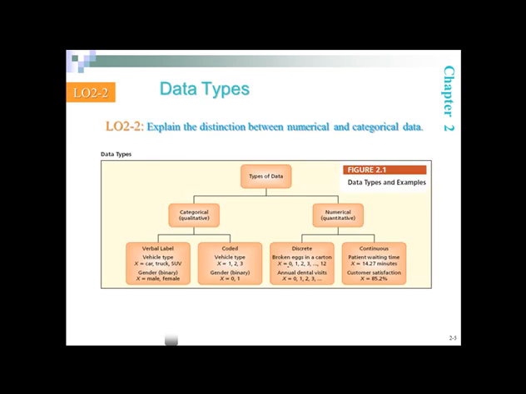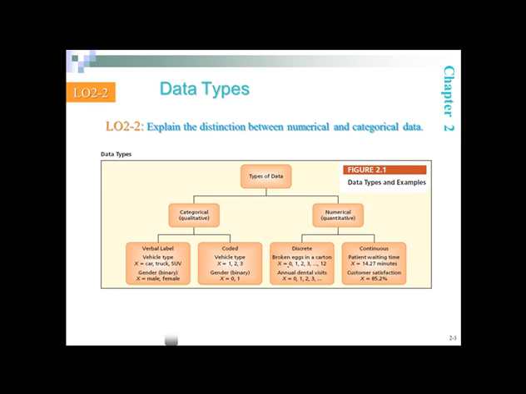There are certain types of data that we're going to be using. The easiest way to think of them is what we call categorical or qualitative data, and numeric or quantitative data. And the textbook talks quite a bit about this stuff.